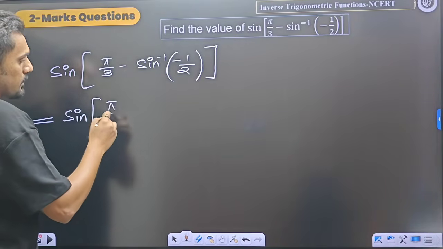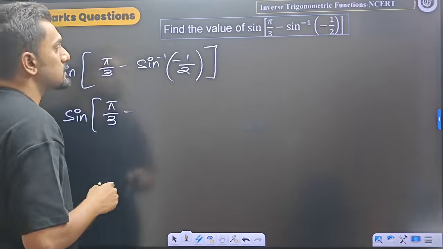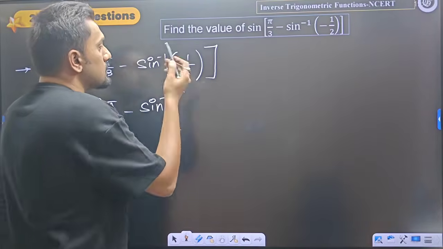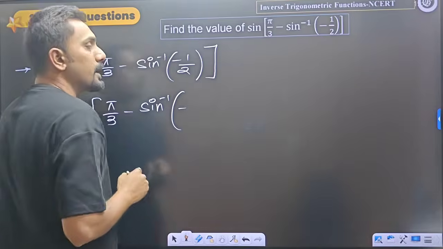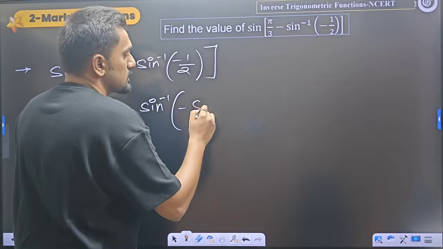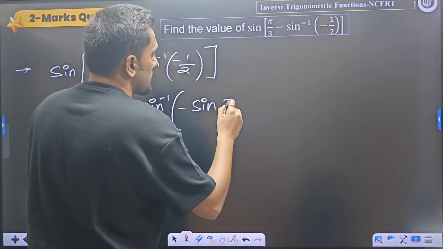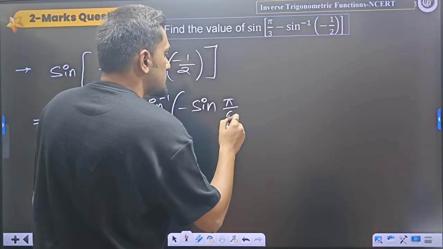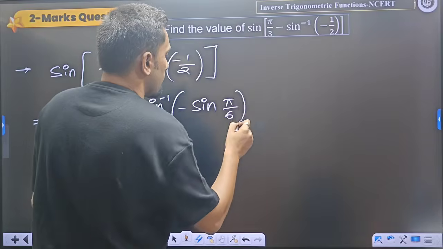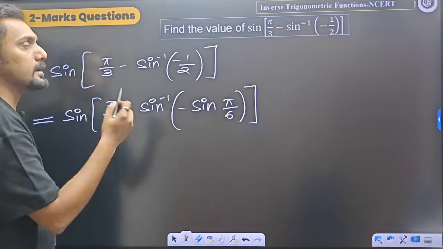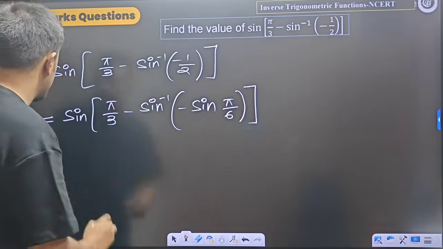Sine of pi by 3 minus sine inverse of this minus 1 by 2, I will write it as sine of what, pi by 6, right? Sine of pi by 6 is what? Sine 30 is nothing but 1 by 2.